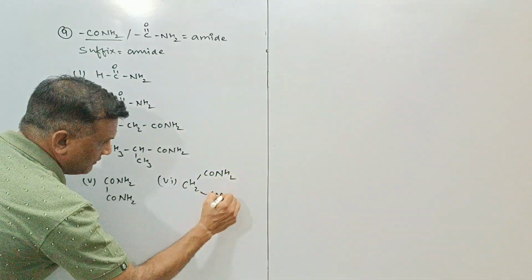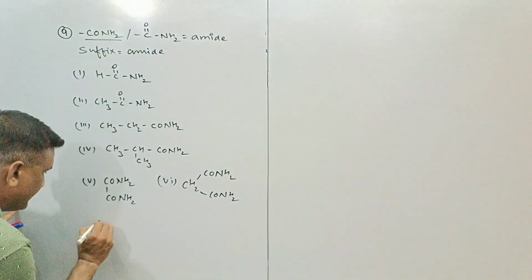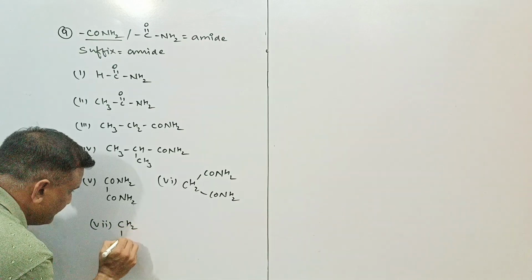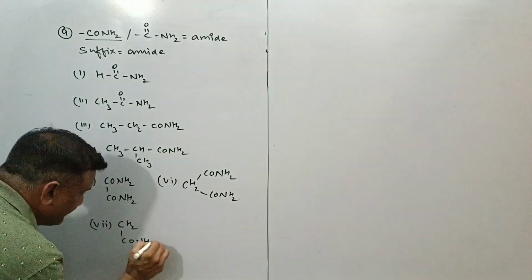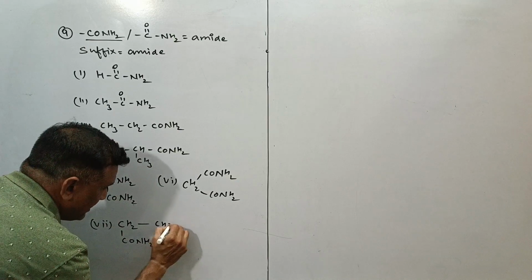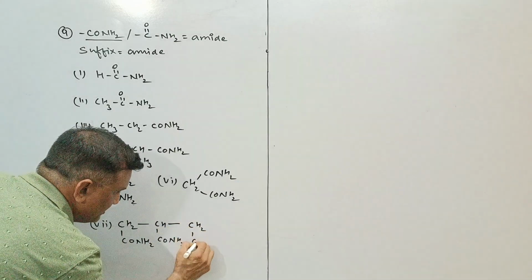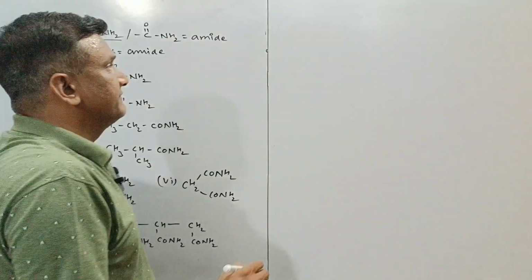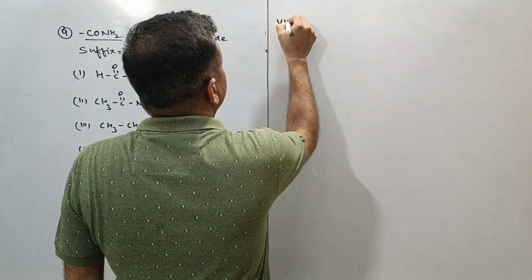This is the CONH2. If we go with the seventh compound, then we can take CH2, CONH2, this is the CH, CONH2, and this is the CH2, CONH2. Now I would like to go with the eighth compound.